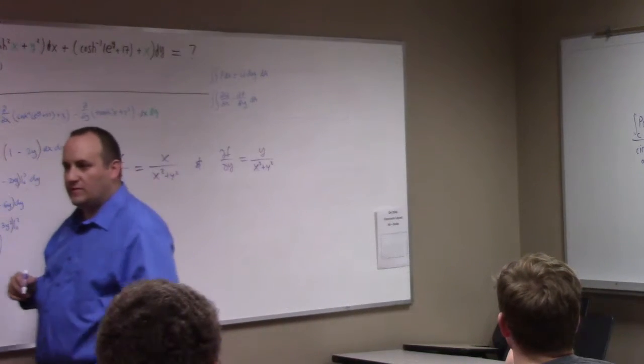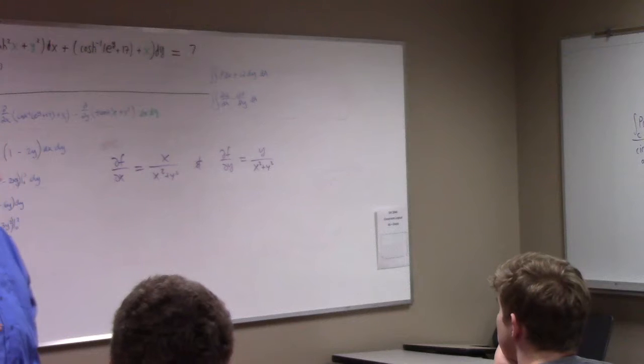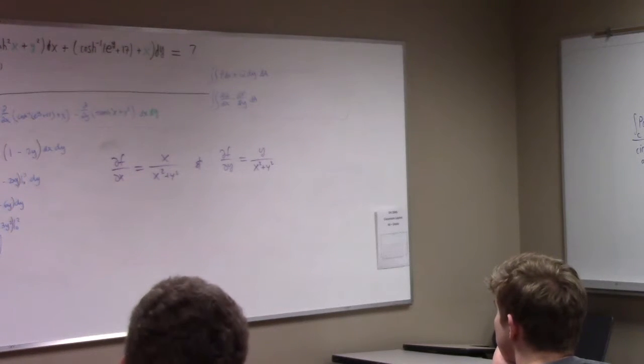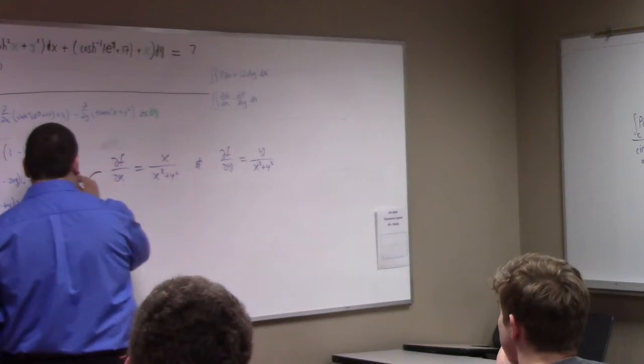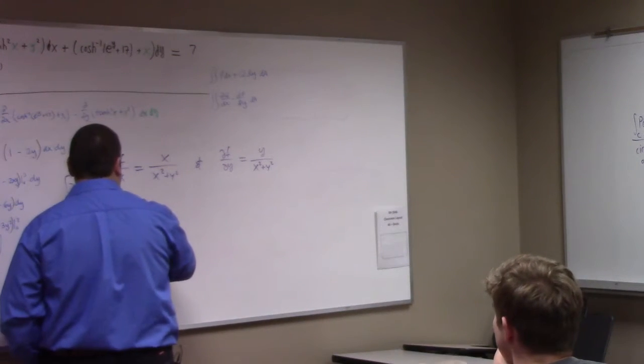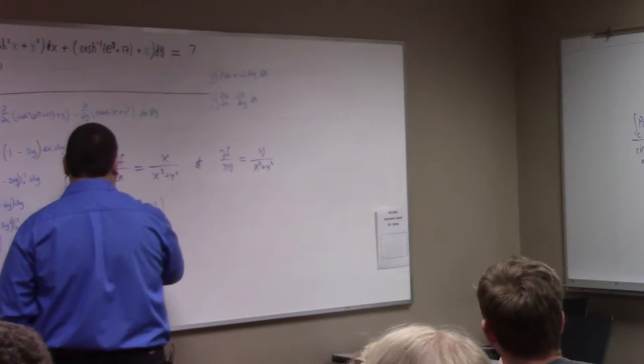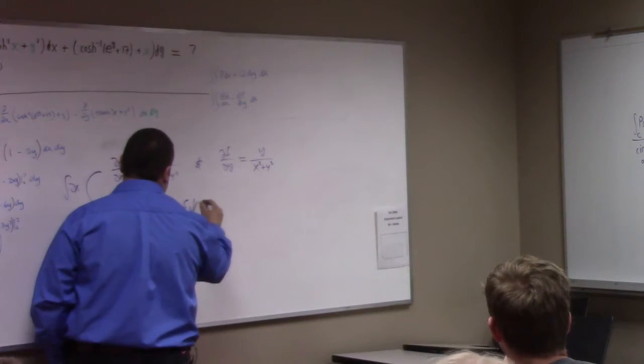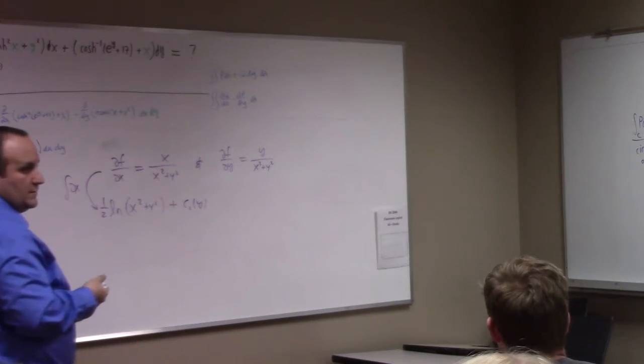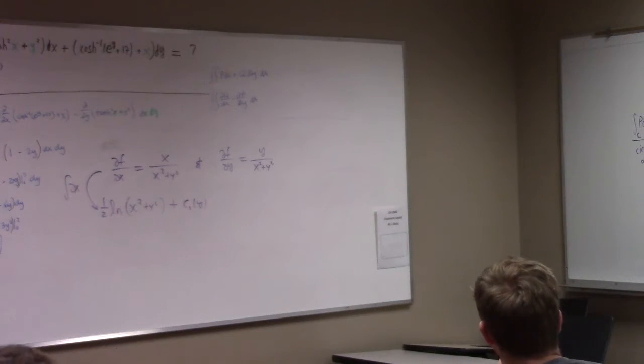Let u equal the denominator. Integrating this with respect to x gives us the natural log of x squared plus y squared times a half, plus c2 of y. That half makes it into a square root, yep.